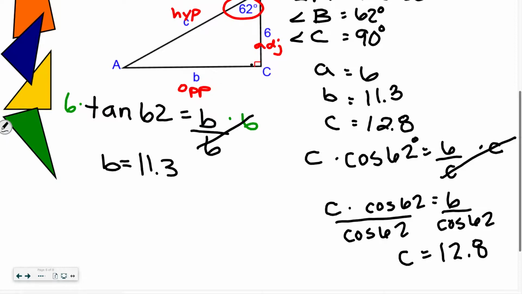If the variable is in the denominator, it's always going to be the number divided by the trig ratio. So that's where I said some people's geometry teachers teach them that. If the variable is in the denominator, then do the side length divided by the trig function instead of the side length times the trig function. So if that's how you remember it, that's fine.